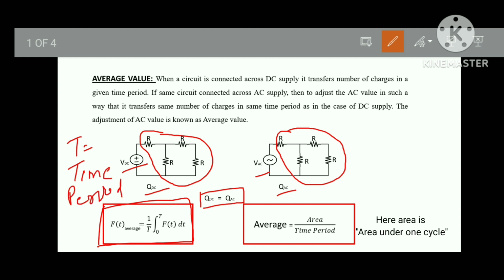This integration is nothing but area. So the shortcut formula becomes area upon time period. You have to remember this shortcut formula: average value is equal to area upon time period. So let's see some examples, then it will be clear to you.